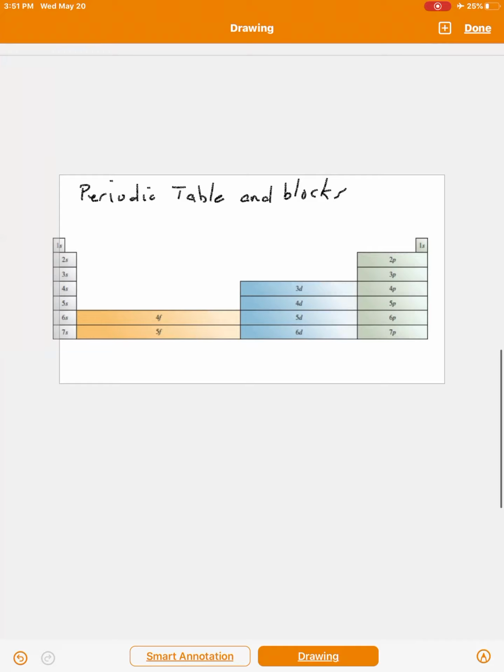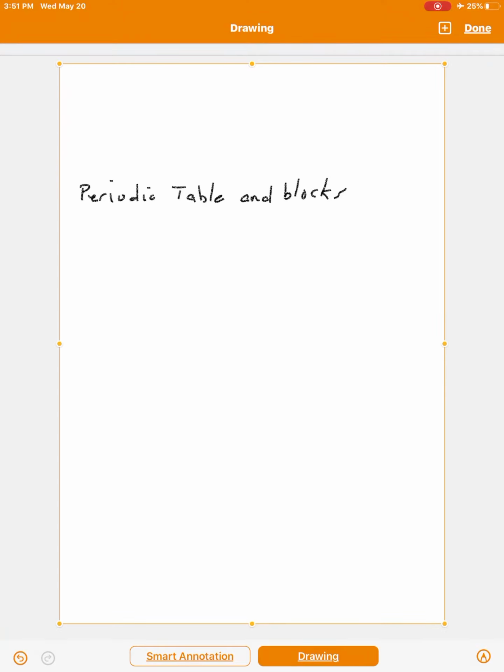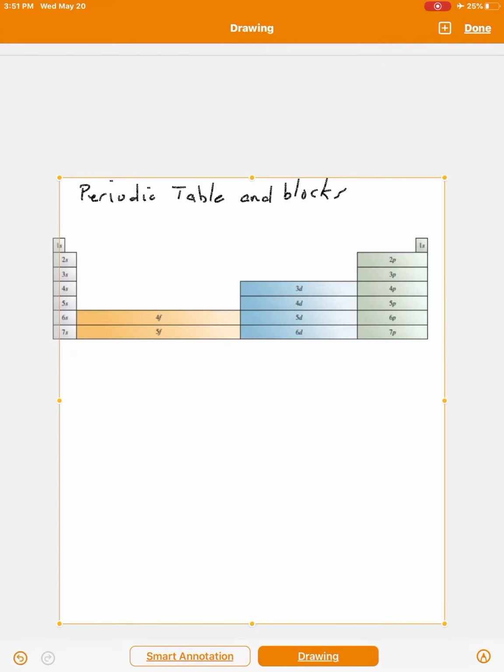Now, I want to bring your attention to something I just brought up there, which is this idea of blocks. Okay, so it's convenient to think of the periodic table as having 4 blocks: the S block, the P block, the D block, and the F block.